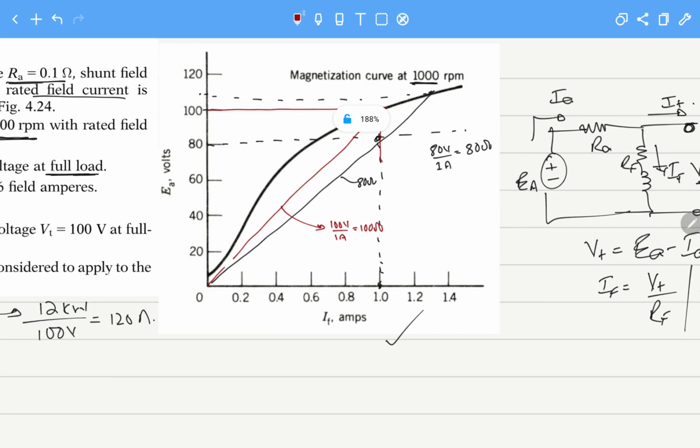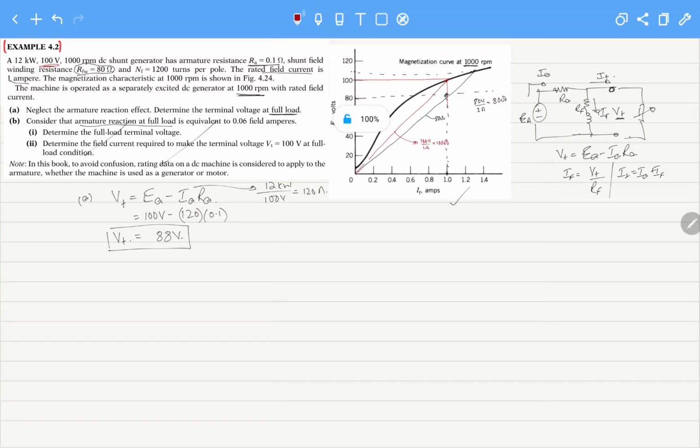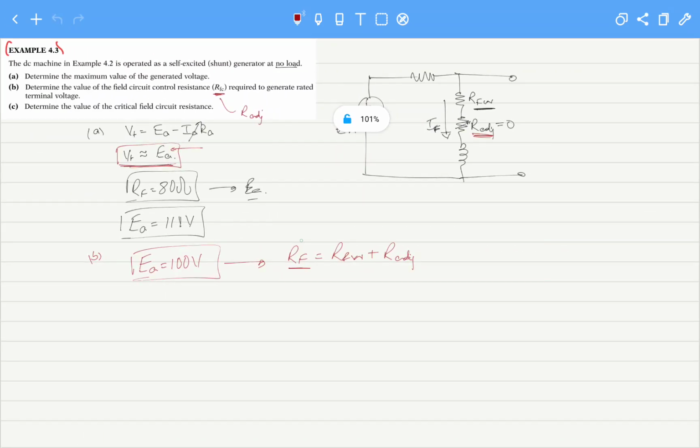So the total field resistance required will be 100 ohms, and we know the field winding is 80 ohms. So the field control resistor, R adjustable, is equal to 20 ohms. If we set it to 20 ohms, we will get 100 volts at the output.